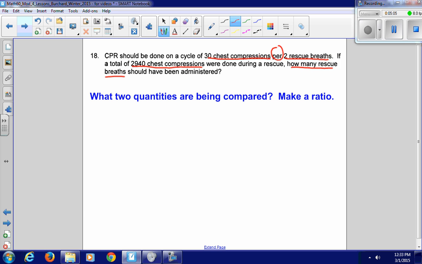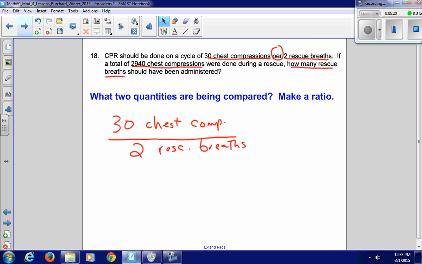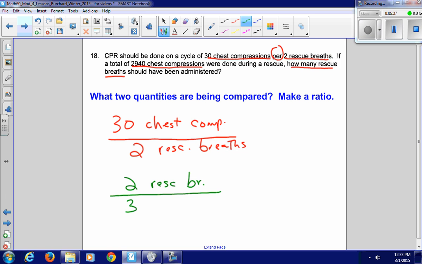It means that once we write one of the ratios down, we have to make sure we do the other one in the same order. So I'll show you what I mean by that. I could write 30 chest compressions over 2 rescue breaths, or I could write 2 rescue breaths over 30 chest compressions.